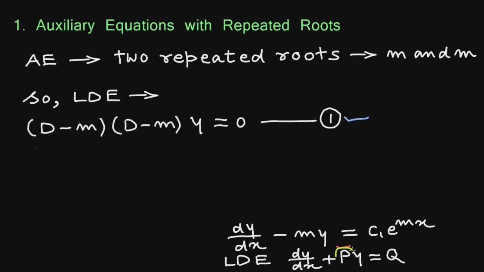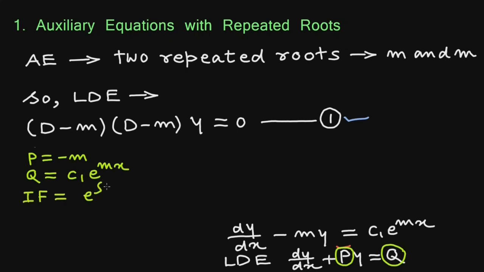Here p is minus m and q is c1 e raised to mx. We have to find the integrating factor, which is e raised to integral p dx, e raised to integral minus m dx, which is e raised to minus mx. So the integrating factor is e raised to minus mx.